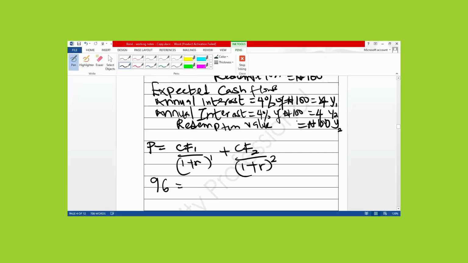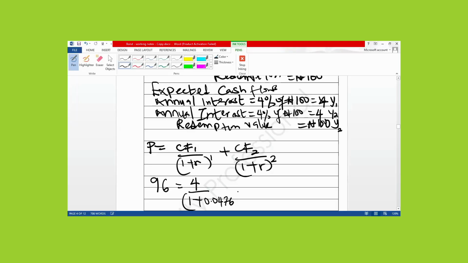In 1 year, cash flow will be 4 naira plus R. In 1 year, spot rate is 4.76, 0.0476.